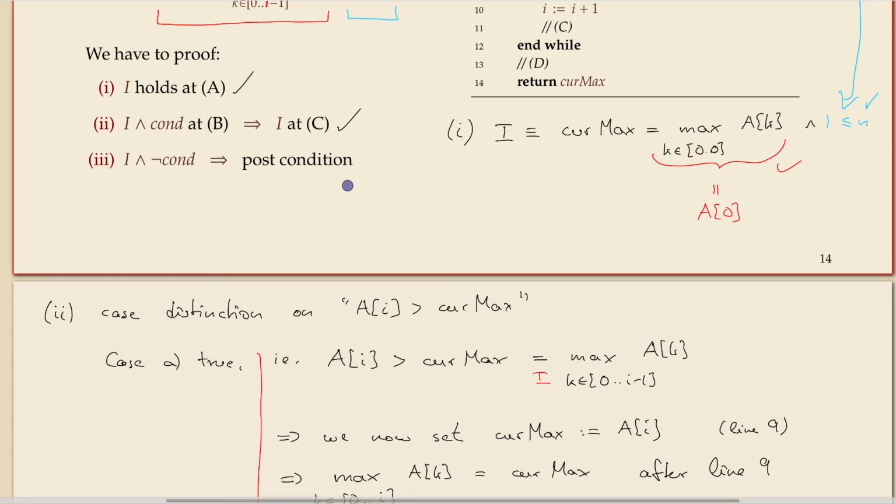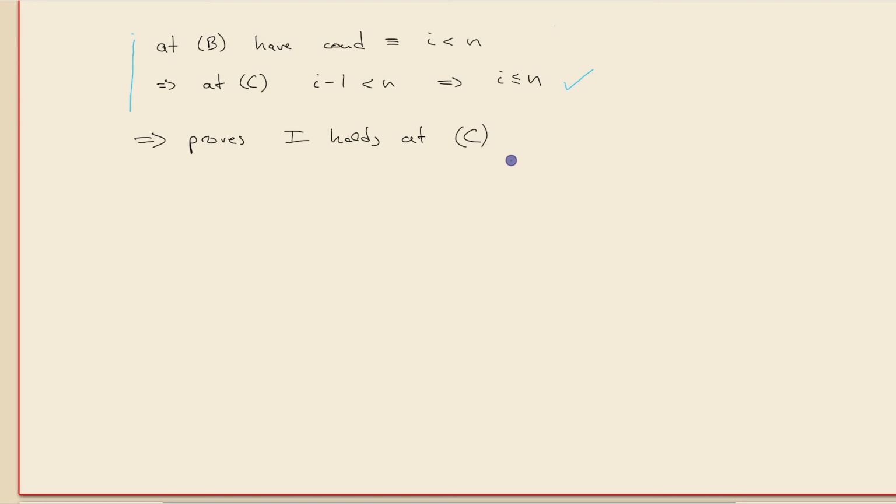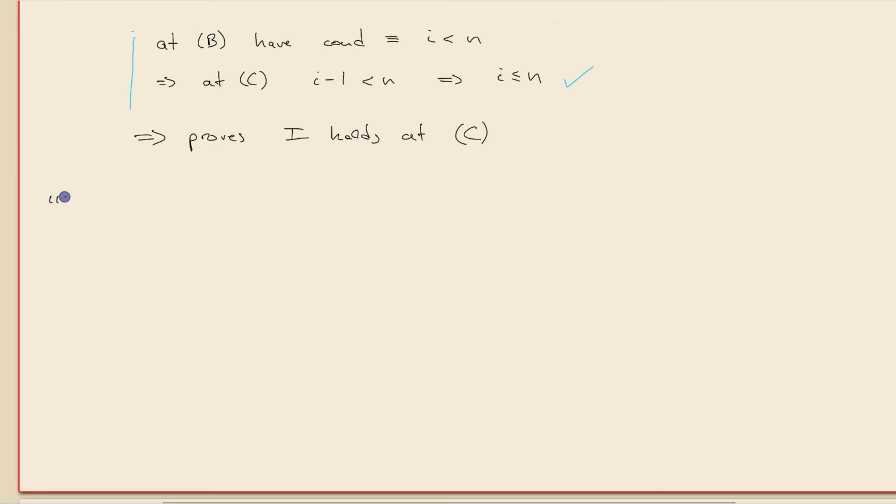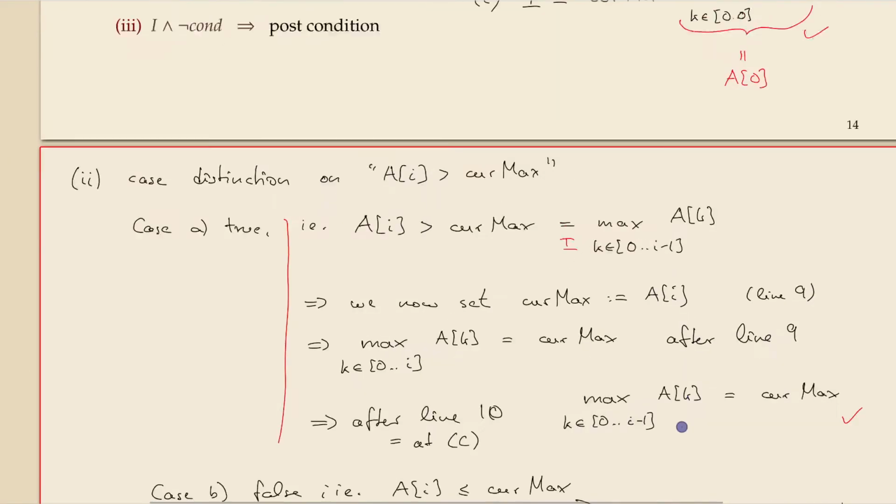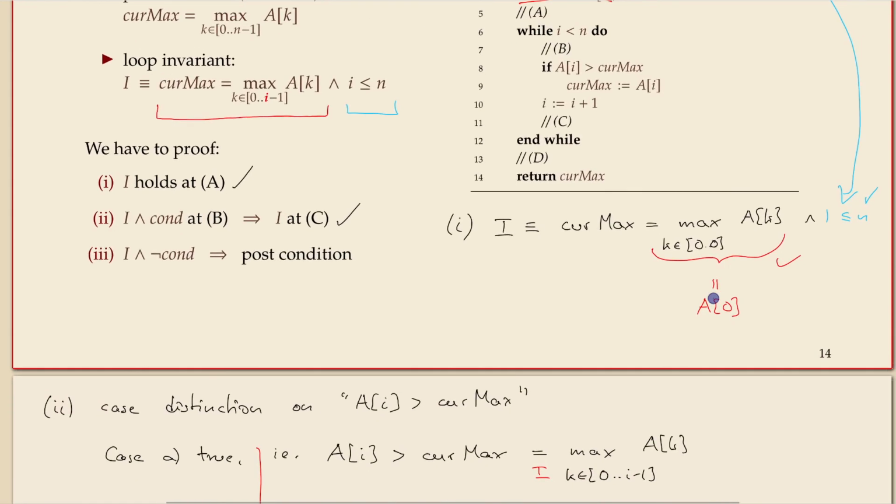What's left is the Roman third, which is that the loop condition actually does what we want for the post condition. And for that, it's basically sufficient to spell out what that is.